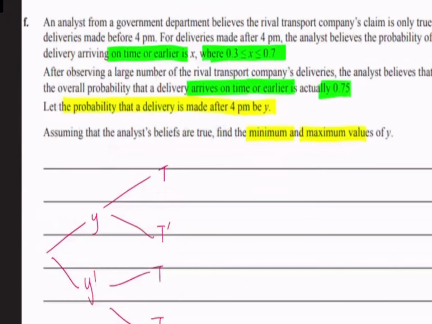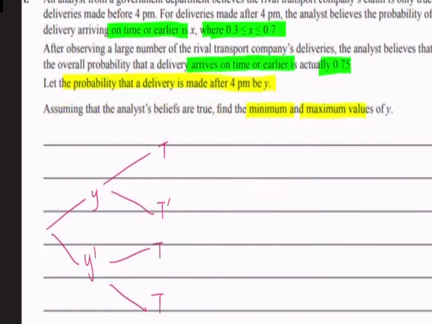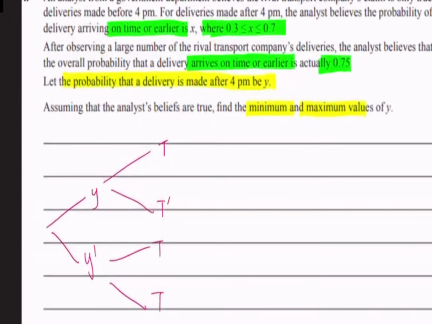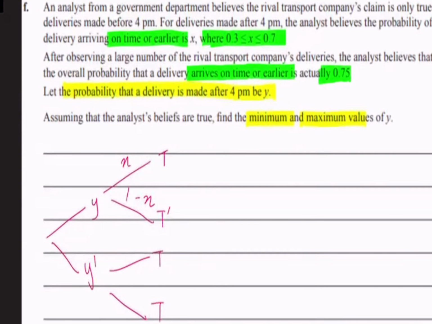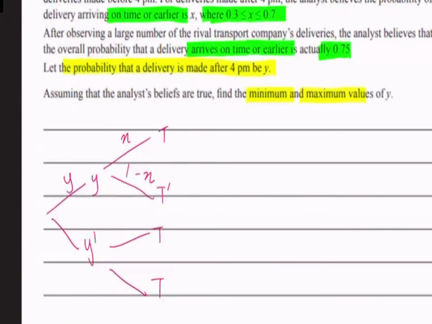So we'll fill in the things that we know first. If it's made after 4 p.m., then the probability that it arrives on time is x, so this is x, and this is 1 minus x. And the probability that it's made after 4 p.m. is y, so this is y, and this is 1 minus y.